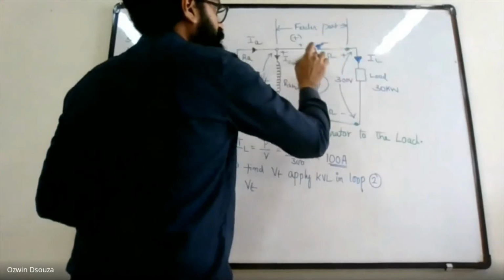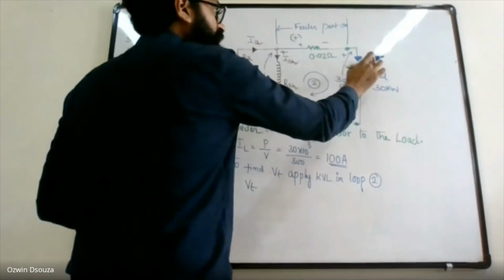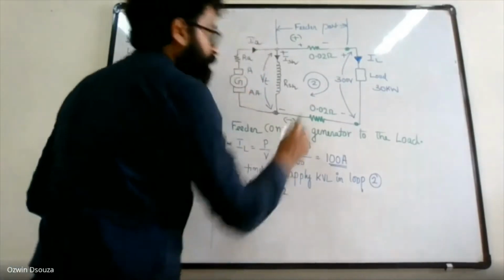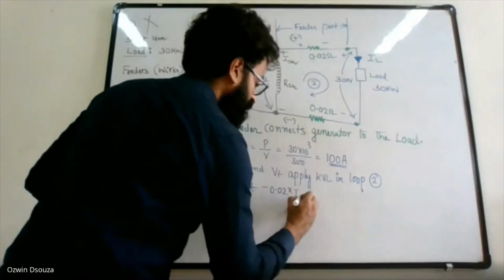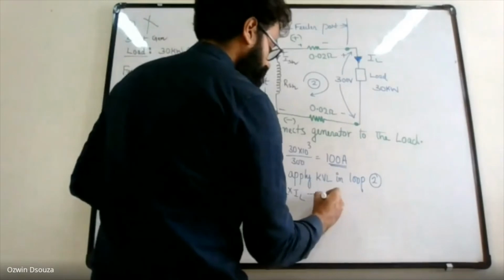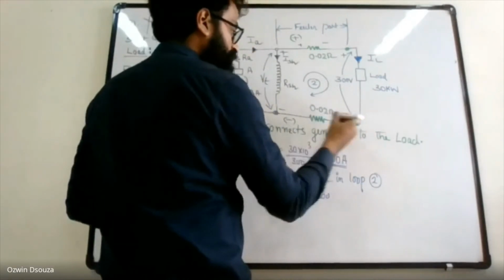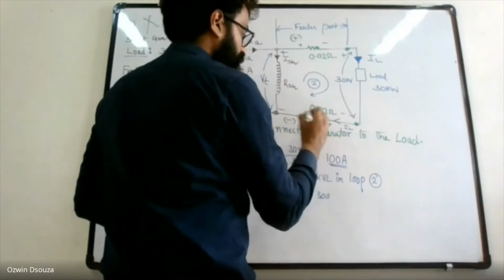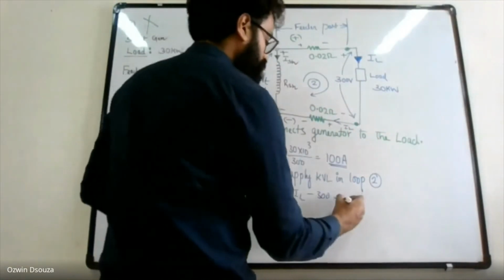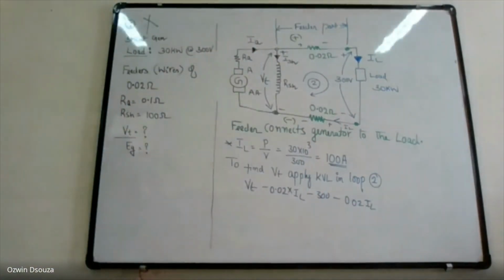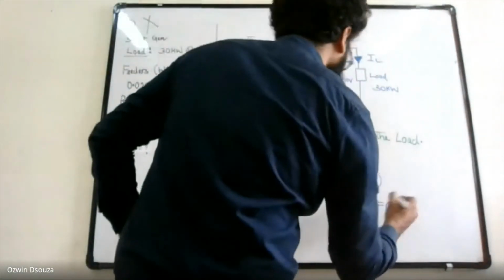The current flowing through the 0.02 ohm resistance is IL, so minus 0.02 into IL. Then minus 300 volts. Again IL flows like this, so plus to minus, again a negative drop, 0.02 into IL. Do we have any brush contact drops? No, brushes do not come into the picture in loop 2. The sum is equal to 0.